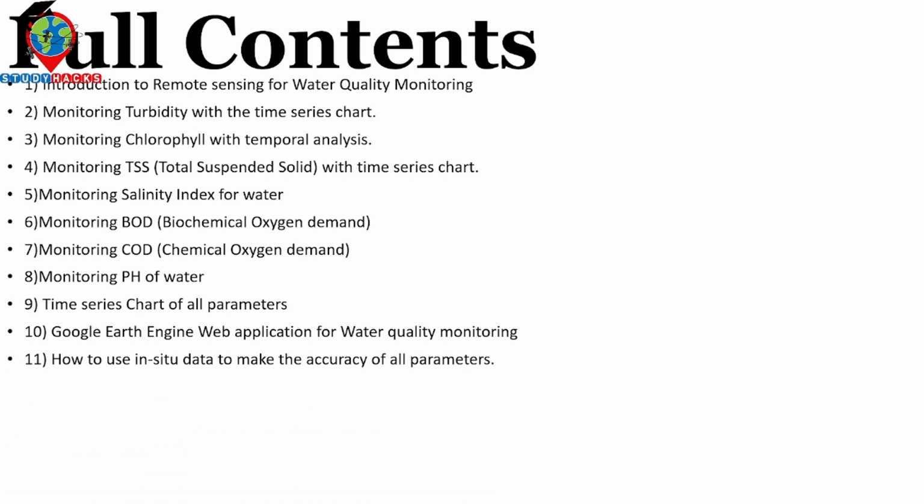As well, we'll talk about how we can easily use the in situ data. Mainly, it's our ground truth data. Suppose you can simply visit your study area, your lake or water bodies, and further you can take some training samples. Okay, so it's called the in situ data.